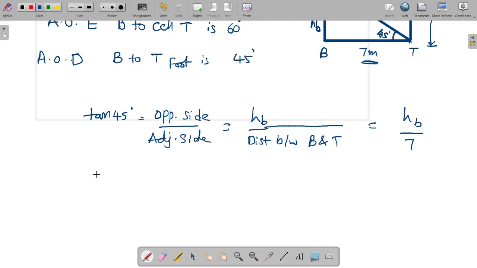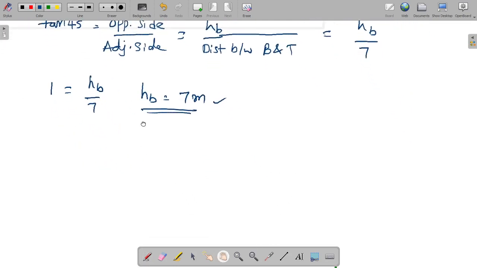Tan 45 value is 1, so 1 is equal to height of the building by 7. Therefore, the height of the building is 7 meters.